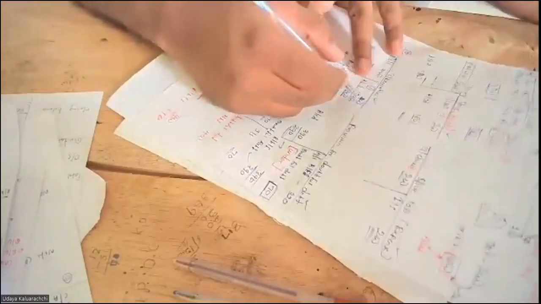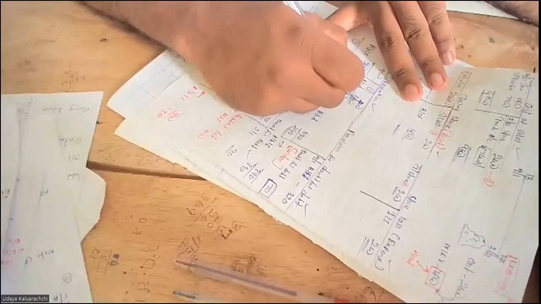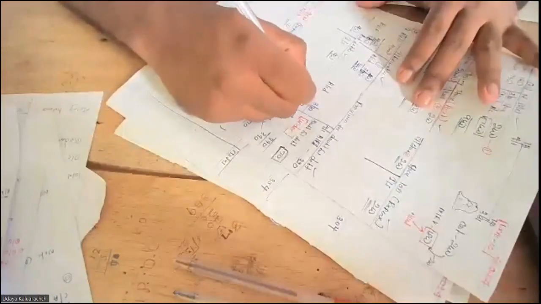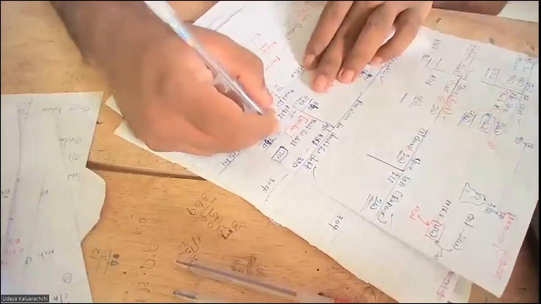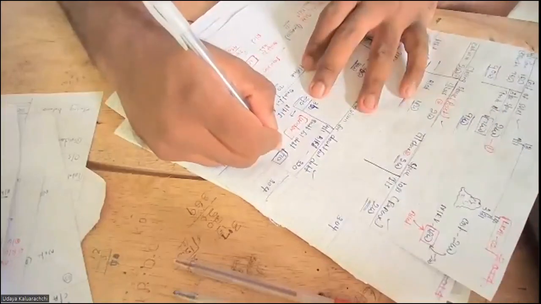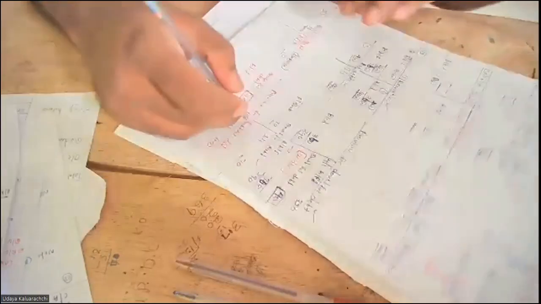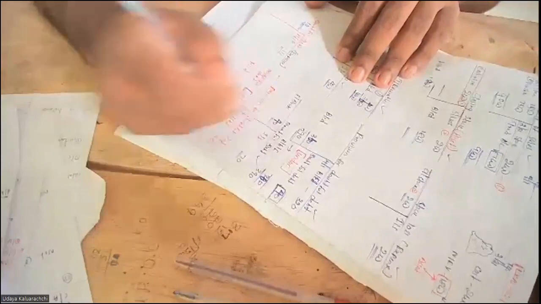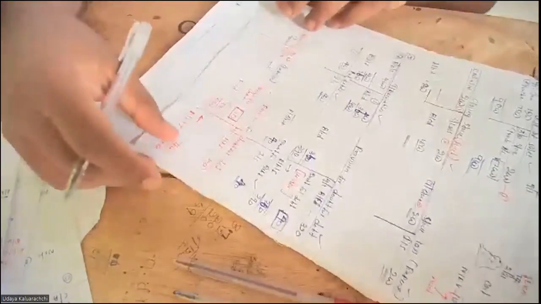Then the last balance is 3,600. 3,600. Then doubtful debt expense, it is 40. Doubtful debt expense is 40. Now correct it.